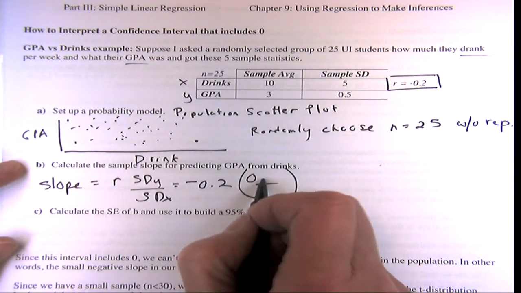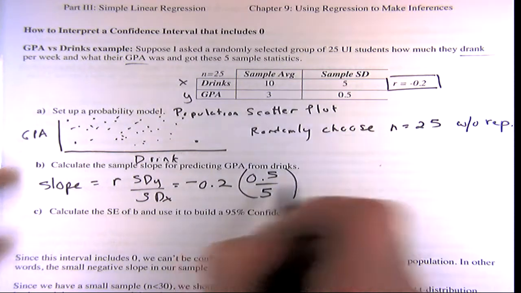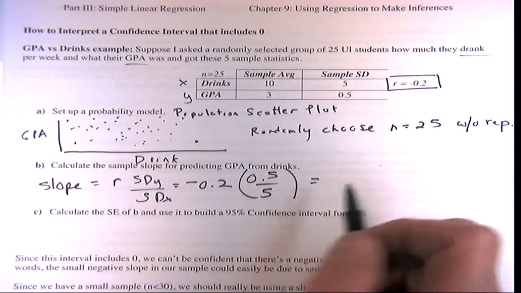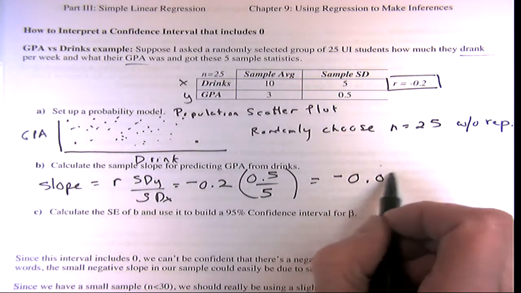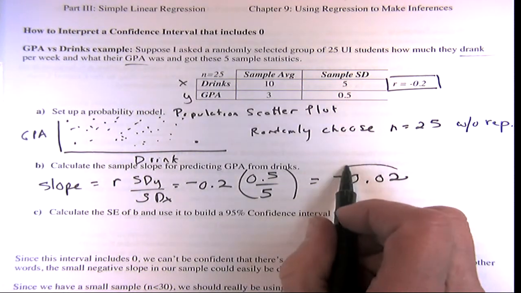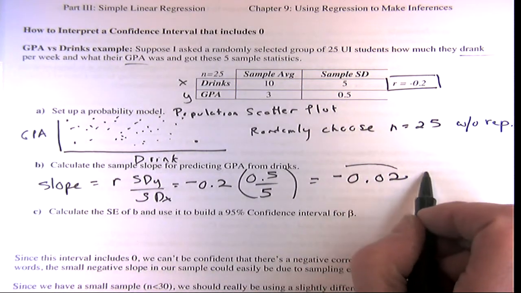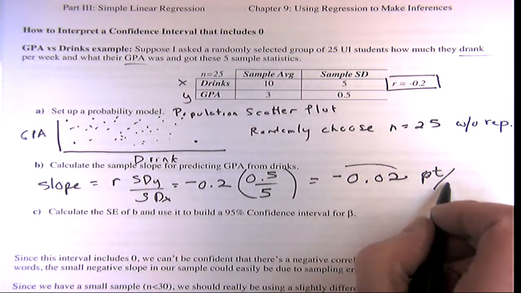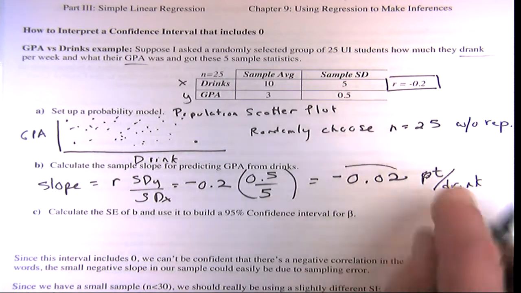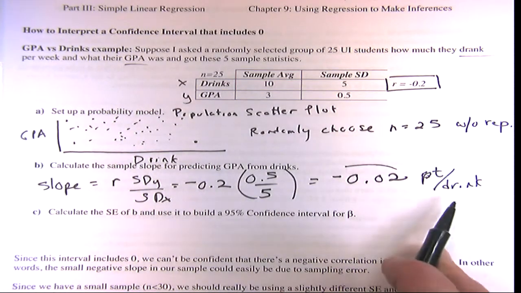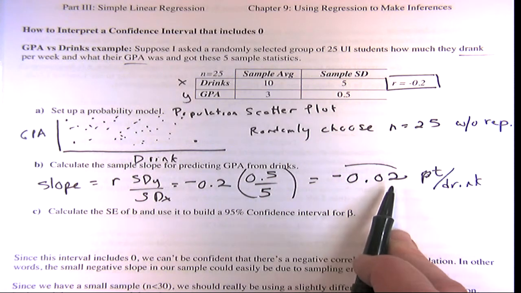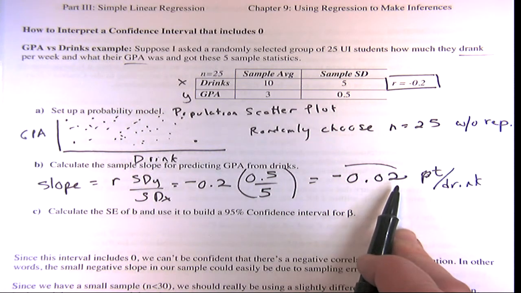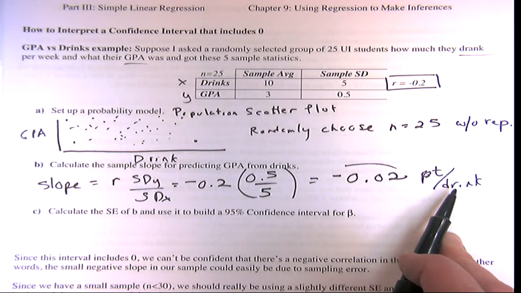So it's going to be 0.5 over 5, which is equal to negative 0.02. And the units on that would be what? GPA points per drink. So for each extra drink that people consume per week, their GPA drops on the average 0.02 of a point. That's what that means.